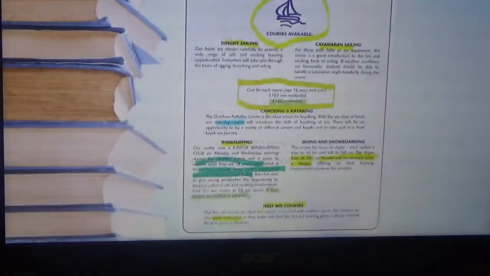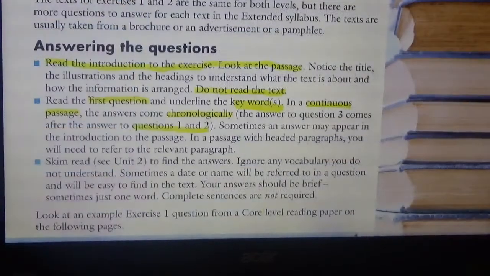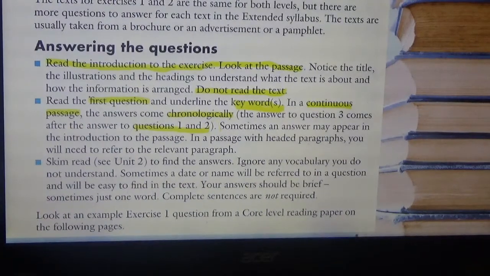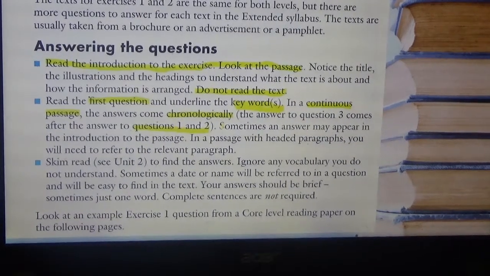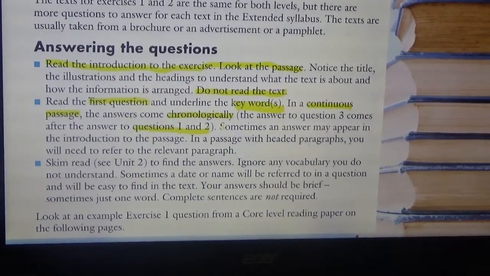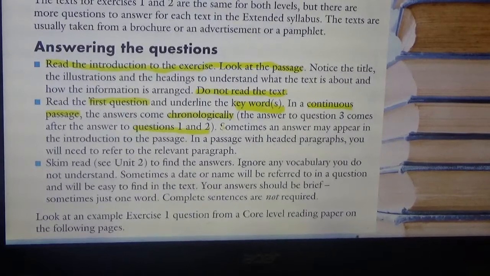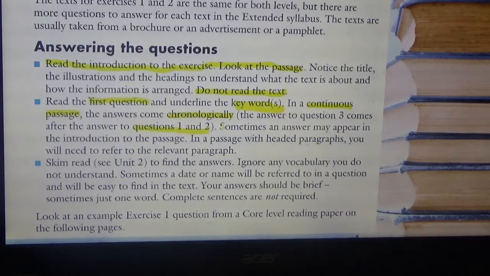So let's try to finish it up here. Sometimes an answer may appear in the introduction to the passage, or the title, or before you read the passage, where we usually have a short introduction given. In a passage with headed paragraphs, you will need to refer to the relevant paragraph.